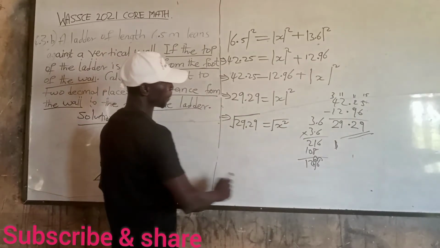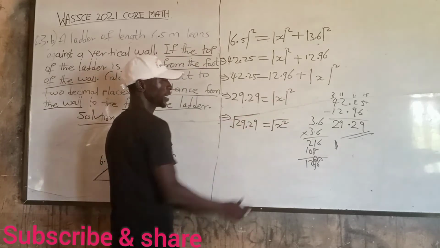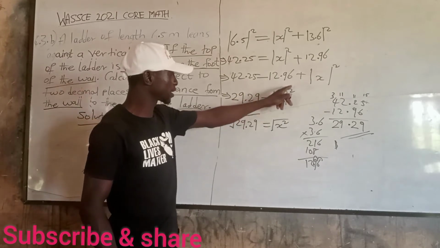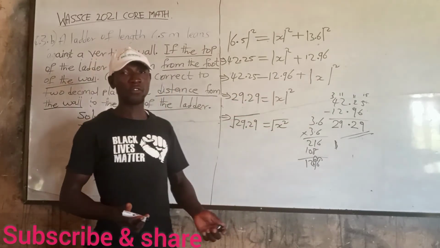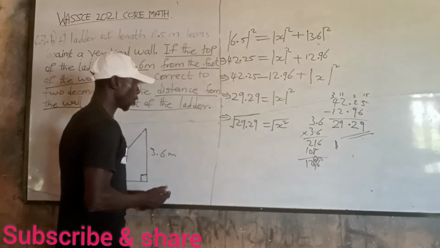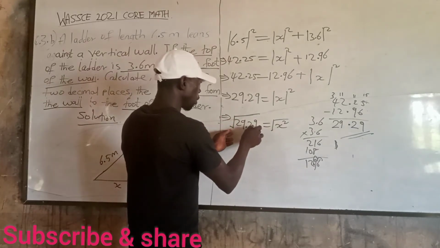Remember, this is the same as x squared, it doesn't matter with the bar. The two bars at the sides of the x only tell us that we are looking for the distance x. That's all.